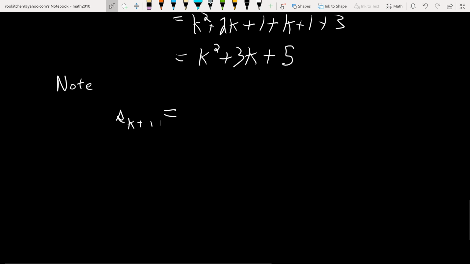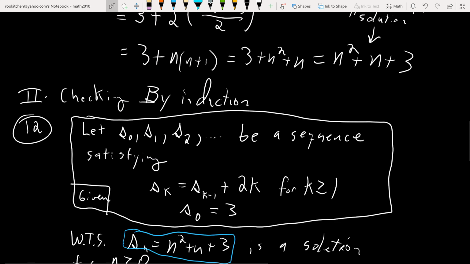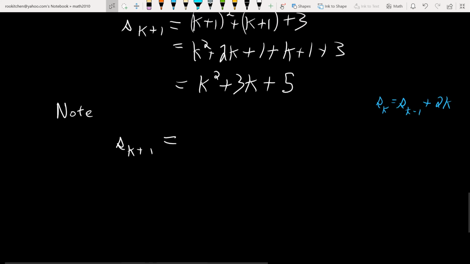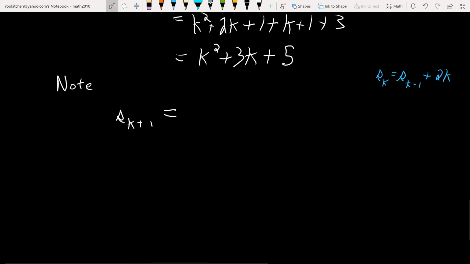Let me note that so I can reference it. S sub k equals S sub k minus 1 plus 2 times k. In order to write S sub k plus 1, you just replace these k values with k plus 1.